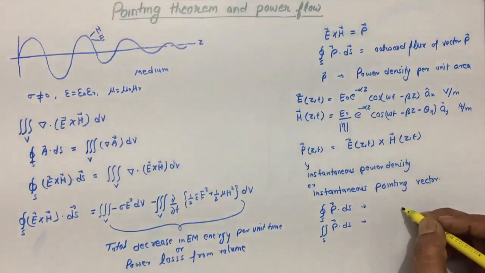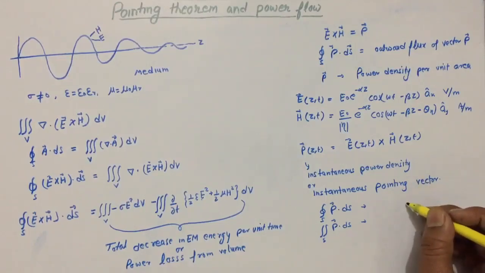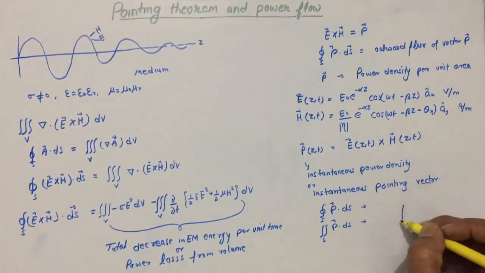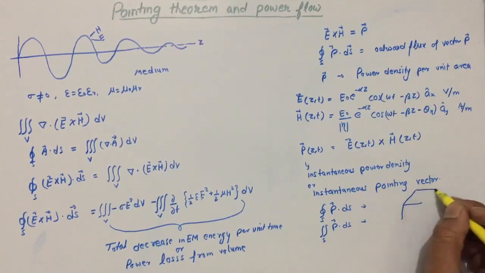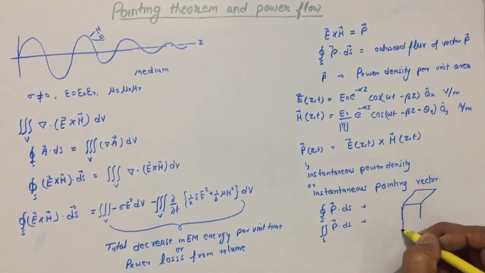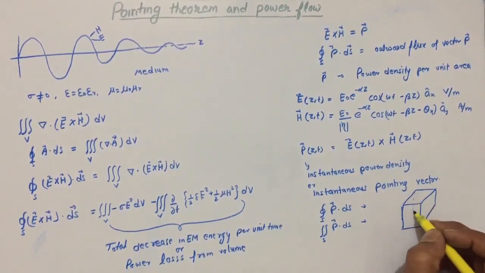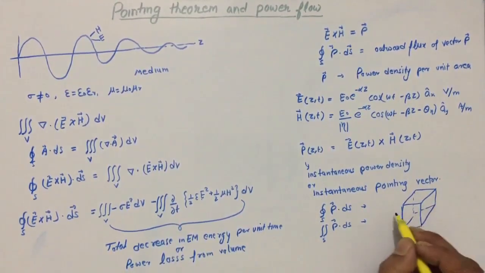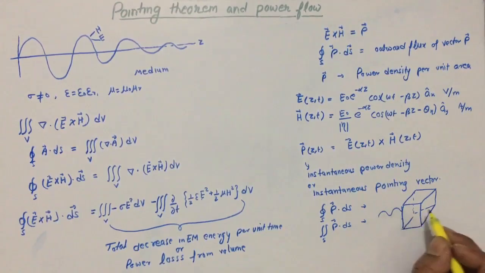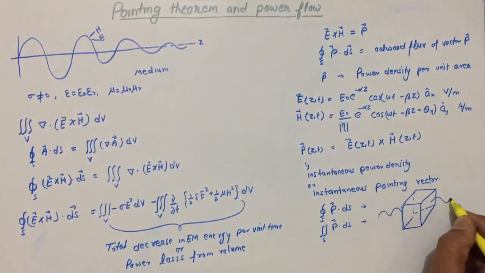Let us try to understand. For example, there is a cube and a wave is propagating from here and it comes out like that.